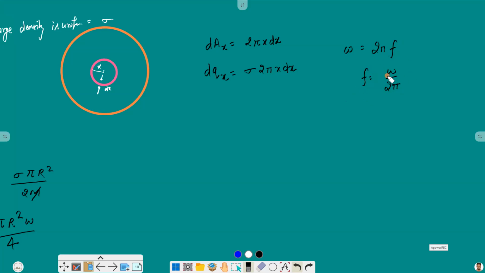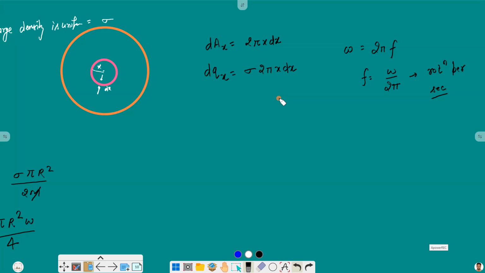And why are we calculating the frequency? Because this frequency gives us the number of rotations of the disk per second, and as the disk is rotating that many times per second, the charge is also rotating that many times per second.